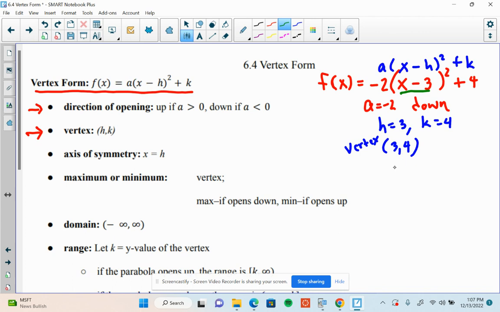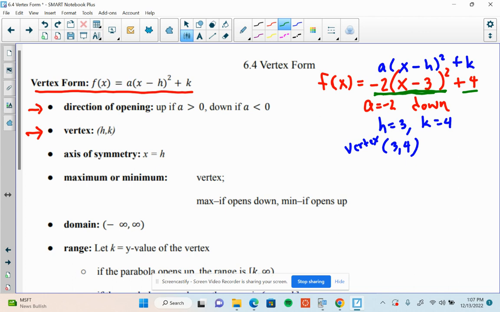Then when that part is 0, the rest of this becomes 0. So we have a y value of 4, because it's 0 plus 4. That is as high as we're going to get, because for any other x value, we're adding something negative to that 4. So our vertex in this case would be a high point at 3, 4.